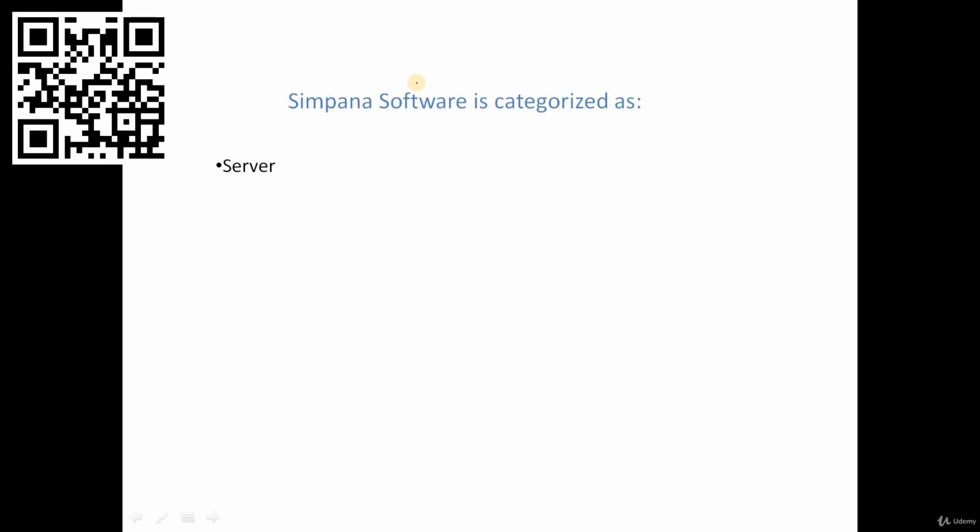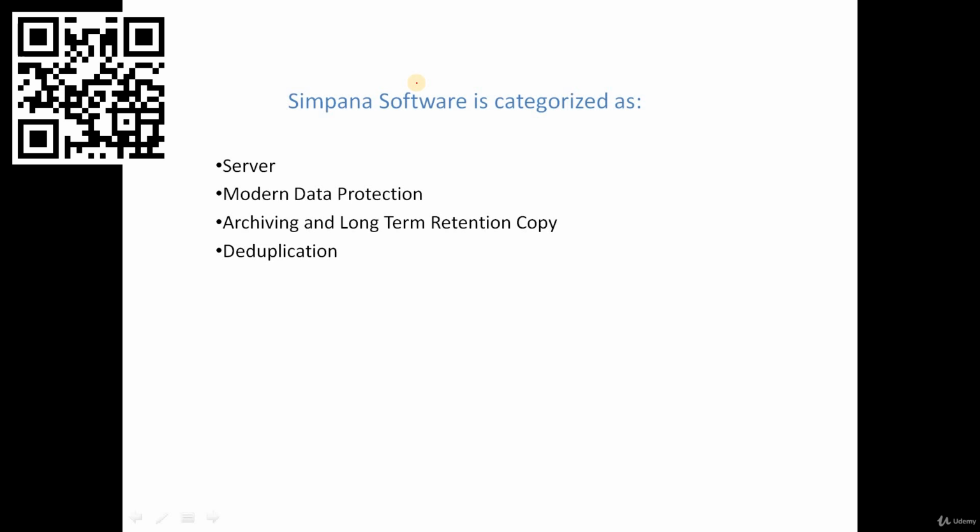So when we talk about Commvault software, we can categorize this software as a server, or we can call it data protection, or we can use it for archiving or long-term retention. We can refer to it as a deduplication engine. We can also refer to it as virtualization. Why are we referring to it as virtualization?